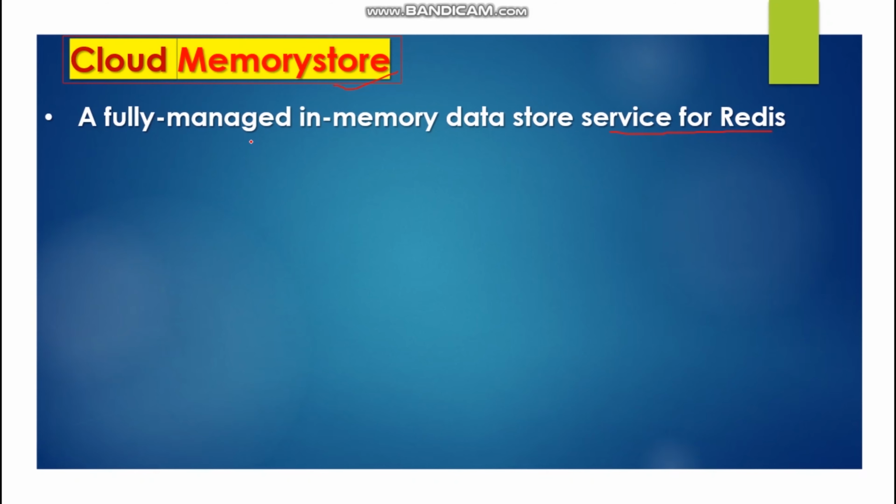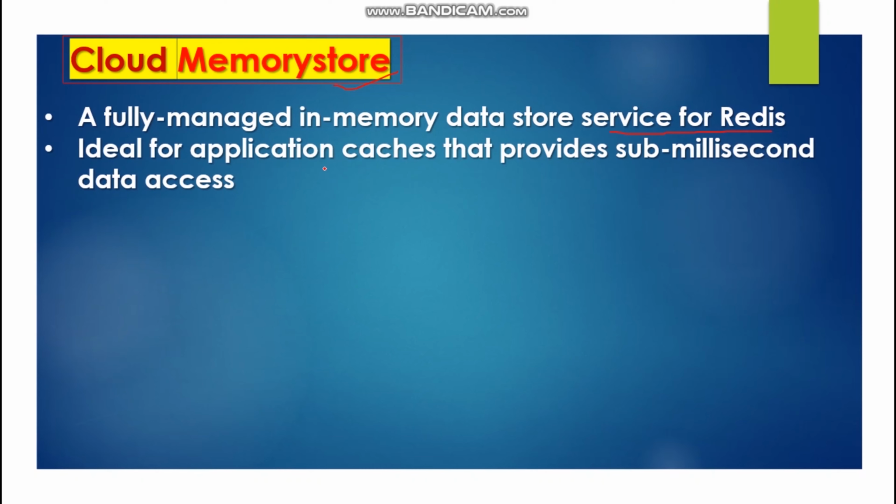When you have an application that makes very frequent calls to the database, you can use this kind of memory store service, where you don't have to hit the database again and again for the same data. It is cached in memory. Every time you run the same query, the data set is returned from memory. So it is ideal for application caches, providing sub-millisecond data access.